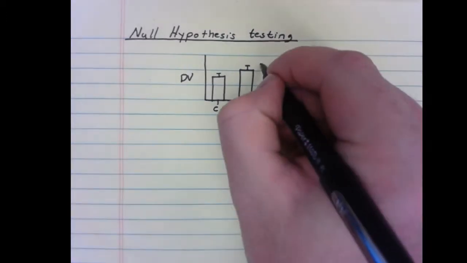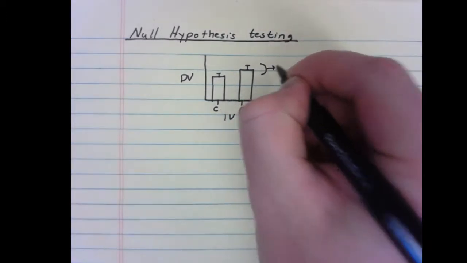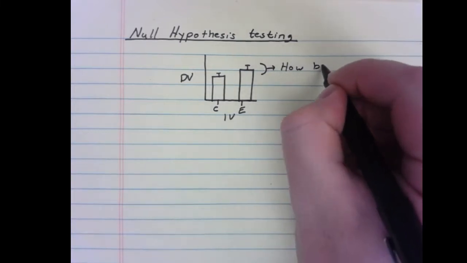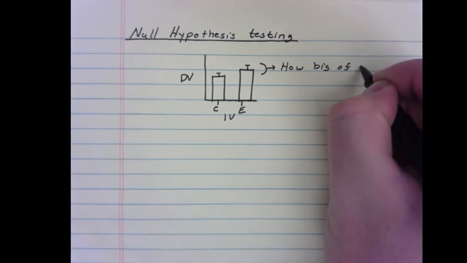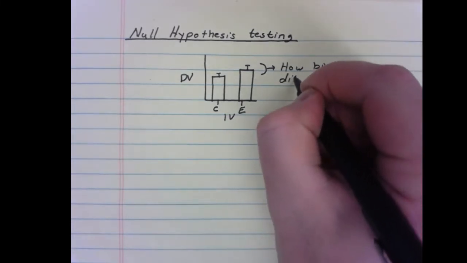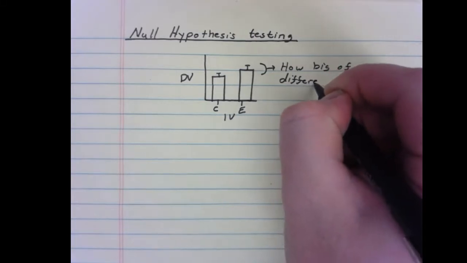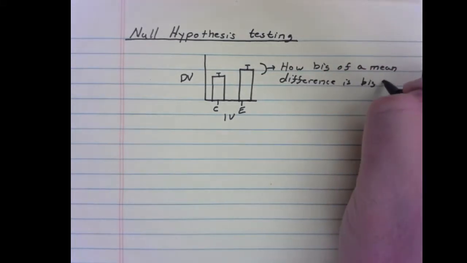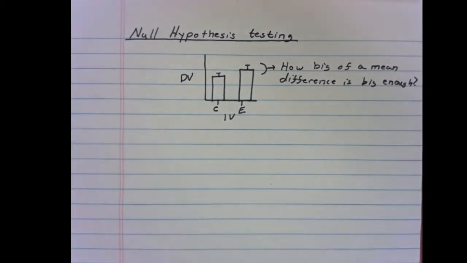So the question that we really need to answer is how big of a difference is big enough? This is the question that null hypothesis testing tries to answer.